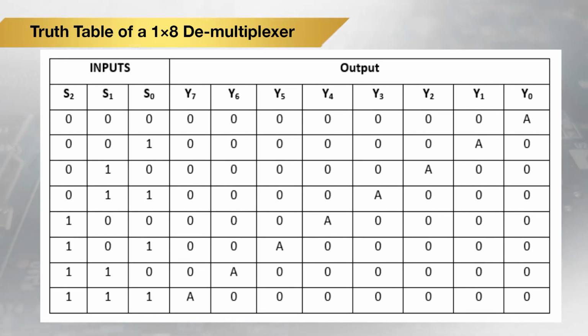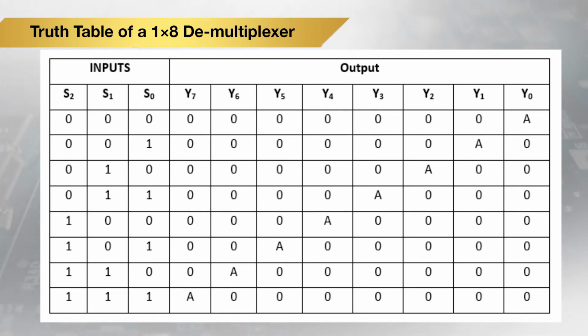In the third case, if our selection line is 0, 1, 0, in that case Y2 will be having A and the rest of the outputs will represent 0.